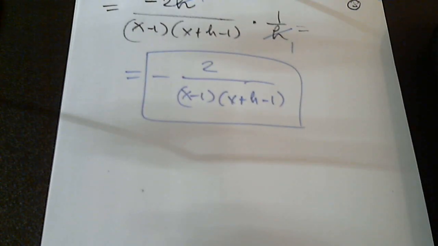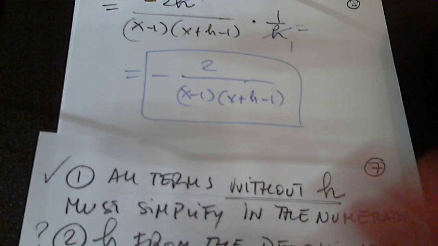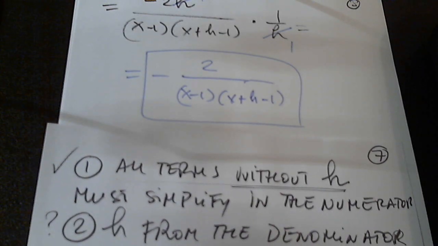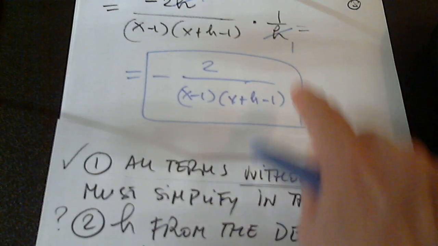Both conditions were fulfilled. One condition was that all terms without h went away from the numerator. Even extras went away, awesome. I'm even happier. And at the end, the h from the denominator went away, as I expected.